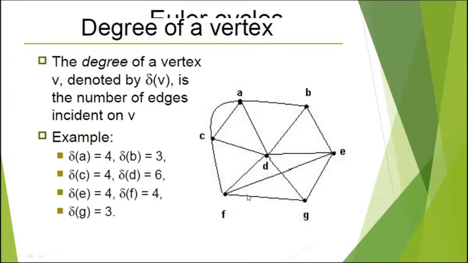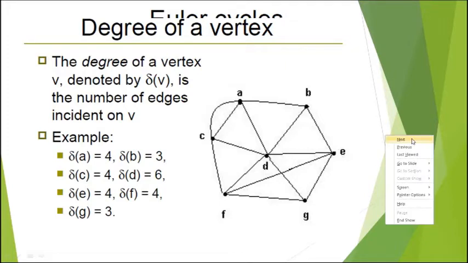Delta F, we have 4: 1, 2, 3, 4. And delta G is 3: 1, 2, 3. So that's the way we count the degree of a certain vertex: how many edges are connected to it. That represents the degree of a vertex.